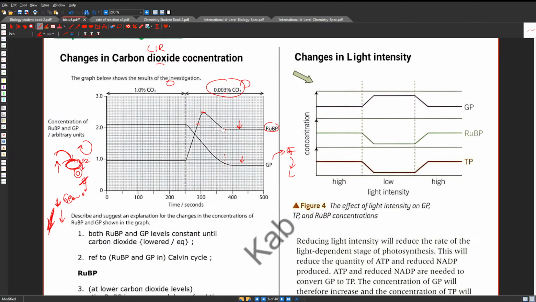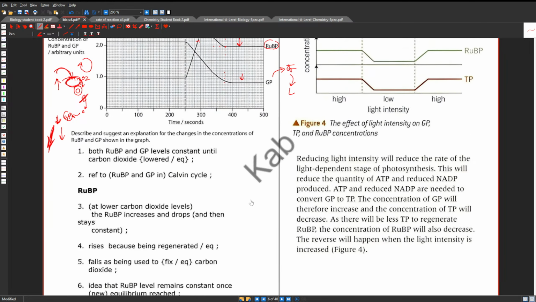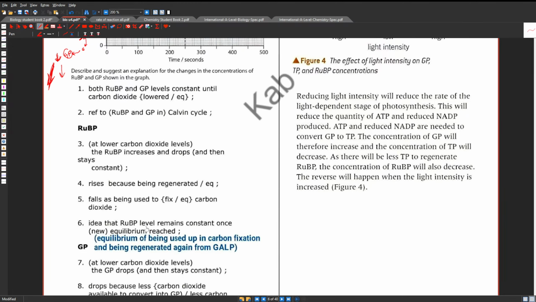Well, it stops going above its supposed amount, I suppose. This is kind of hard to understand, but I think I get it. As it decreases, it's an excess, but as it starts to slow down, it starts to decrease as its excess gets used up, and then it reaches its new constant. The idea is that the RUBP level remains constant once a new equilibrium is reached.